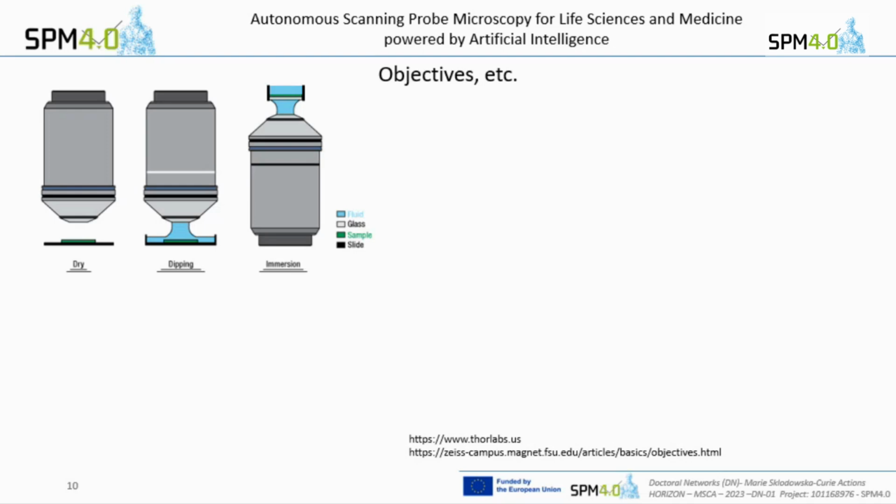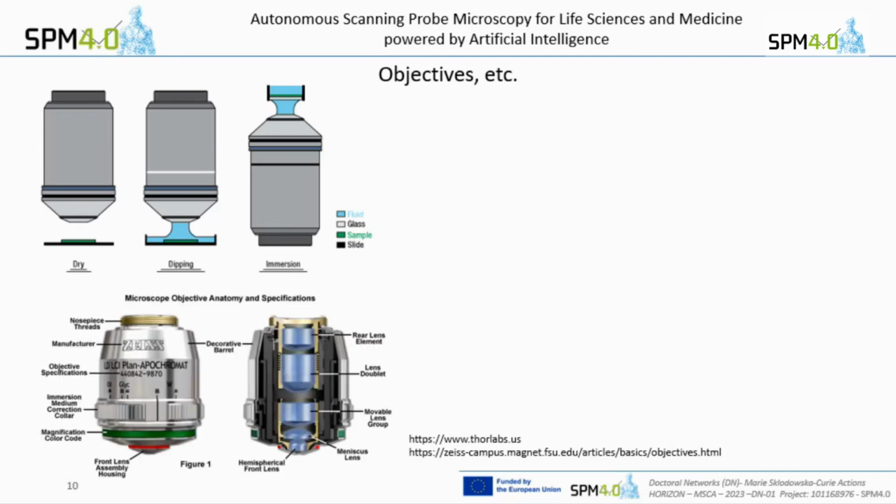You can do that by replacing the water with some kind of glycerol or oil, basically. So you try to match the refractive indices of the lens, of the immersion, of the glass, of the sample and the liquid in the well, so that they are closer together, so you can reduce loss of signal.